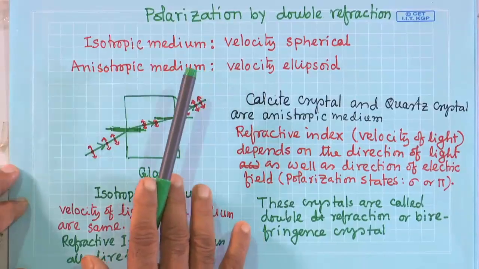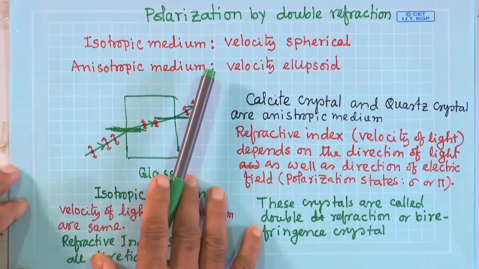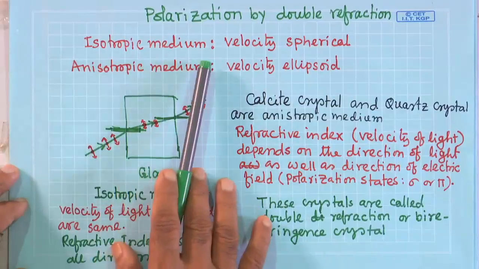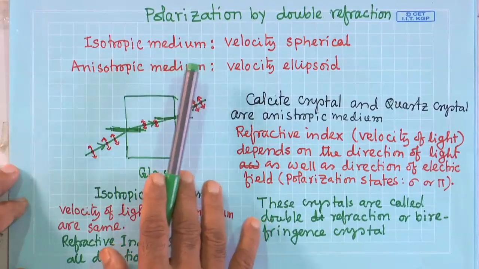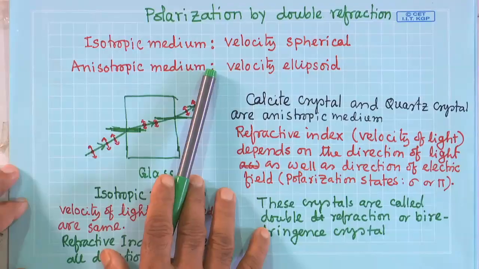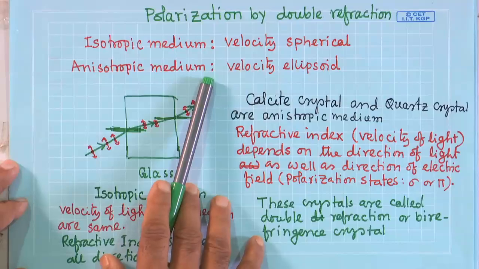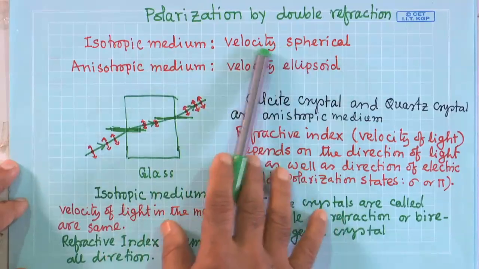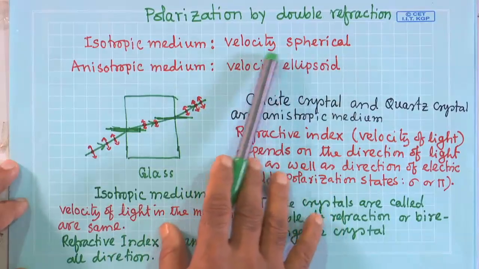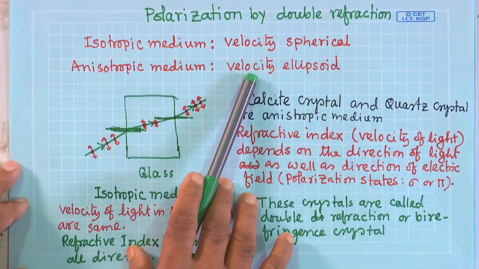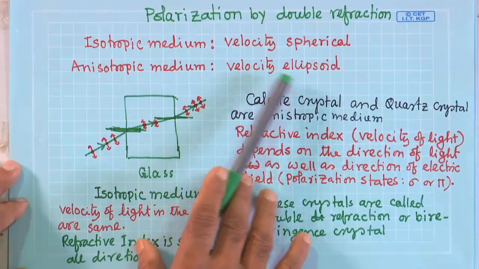If the velocity is the same in all directions, it is called an isotropic medium. If the velocity is not the same in all directions, it is called an anisotropic medium. Velocity the same in all directions means the velocity surface is spherical, and velocity not the same in all directions means the velocity surface is an ellipsoid.